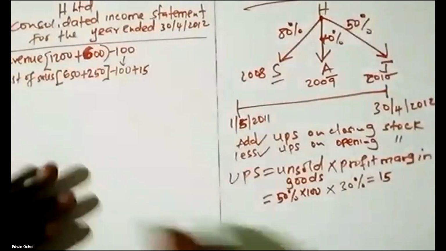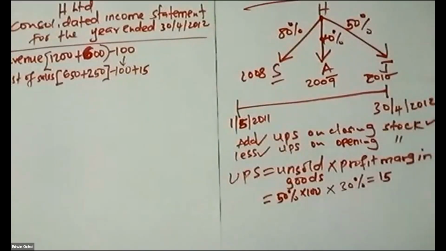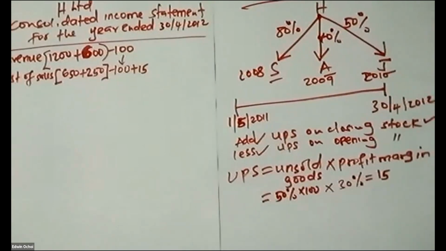That is UPS on closing, because these goods were unsold by the year end. So that is UPS on closing stock. If there was UPS on opening, we could have subtracted here.